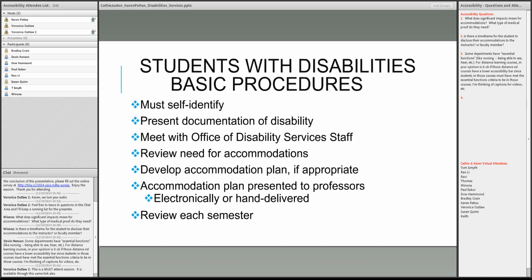accessibility guidelines. And we had a lot of discussion about these at the beginning.